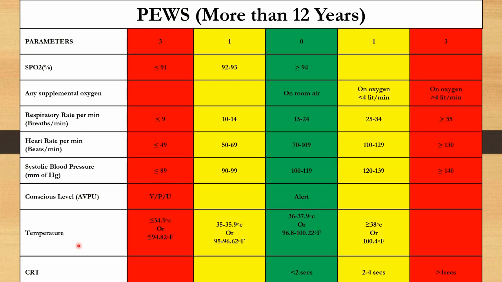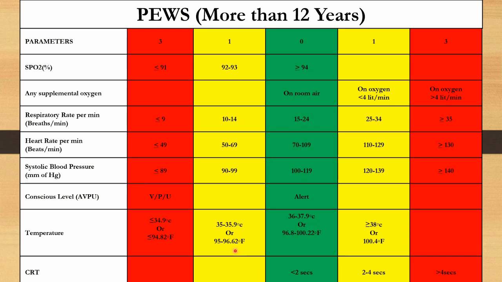Next is body temperature. If it is between 36 to 37.9 degrees Celsius or 96.8 to 100.22 degrees Fahrenheit, give a score of 0. If the body temperature is more than or equal to 38 degrees Celsius or 100.4 degrees Fahrenheit, give a score of 1.